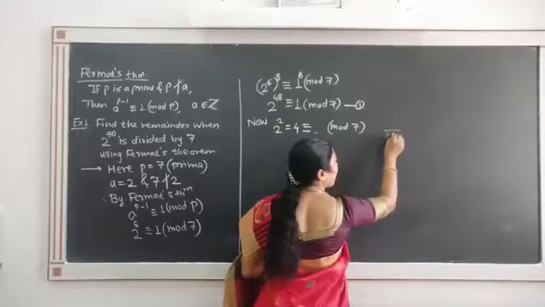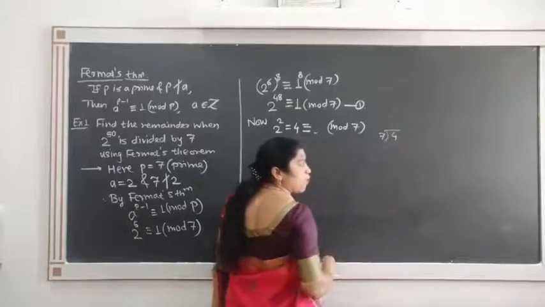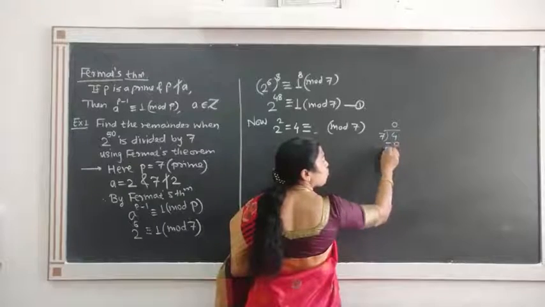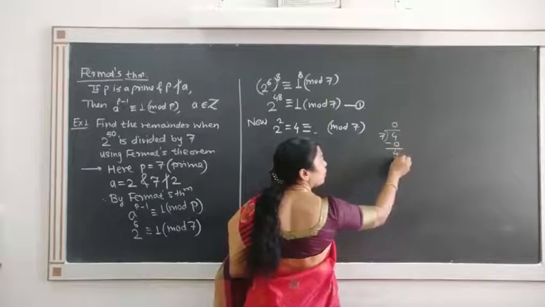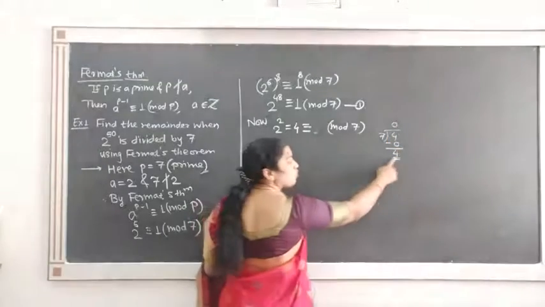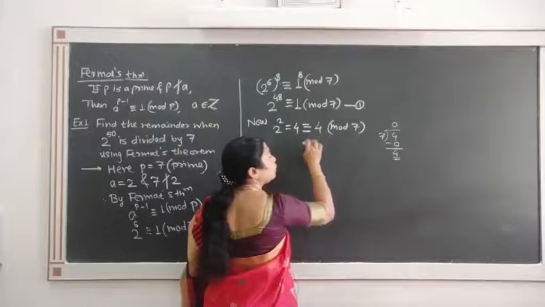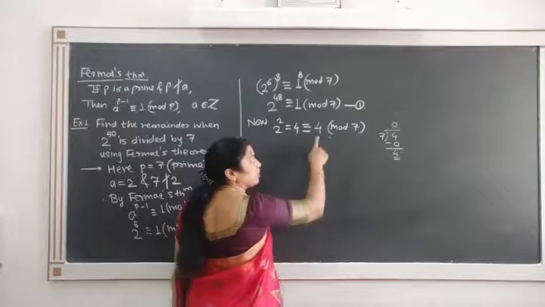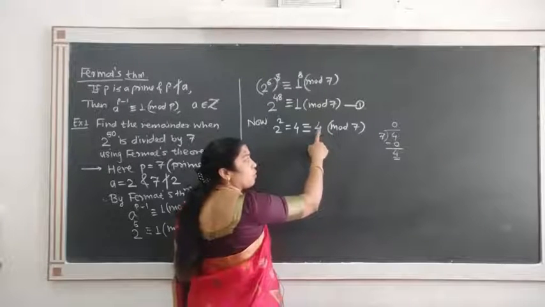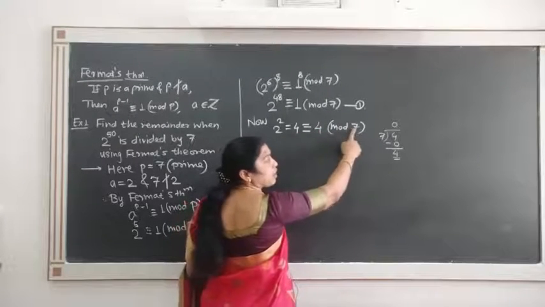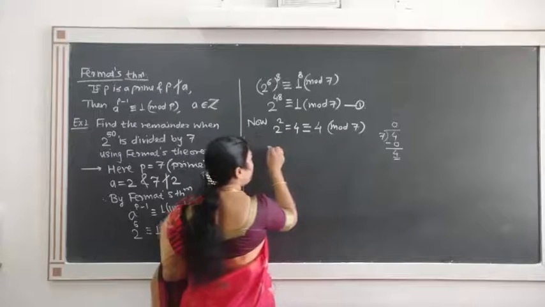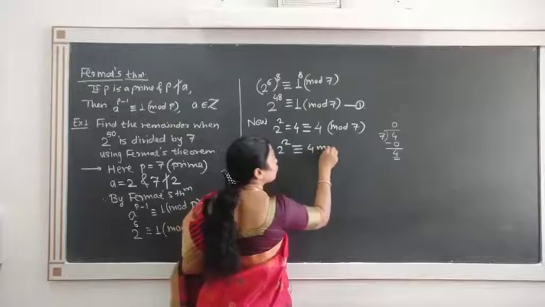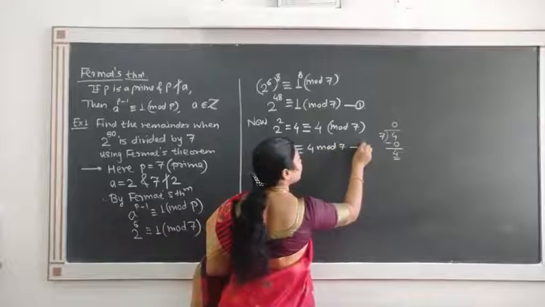If you divide 4 by 7, because 4 is a smaller number, the quotient is 0 and the remainder is 4 itself. So 4 is congruent to 4 modulo 7. So we have 2 squared is congruent to 4 modulo 7. This is our equation 2.